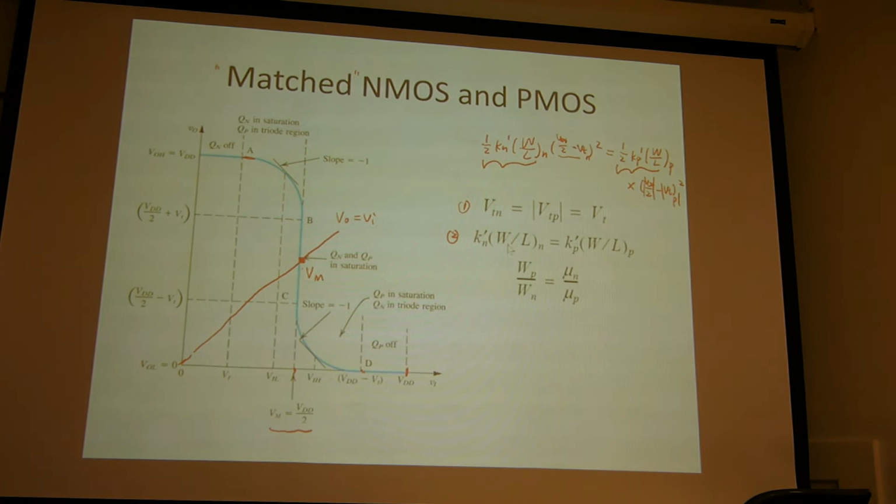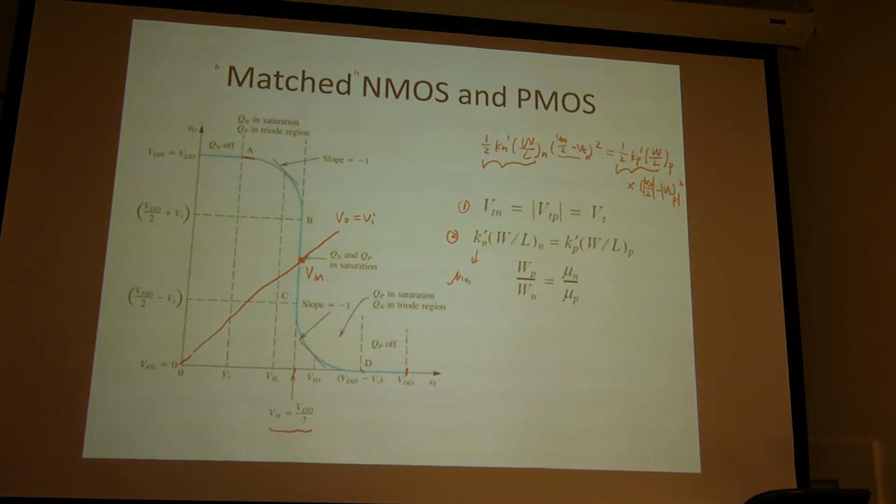So this Kn' times W over LN needs to be the same as Kp' times W over LP. And you know Kn' and Kp' are essentially mu n COX and mu p COX. COX is the same for the same technology node.